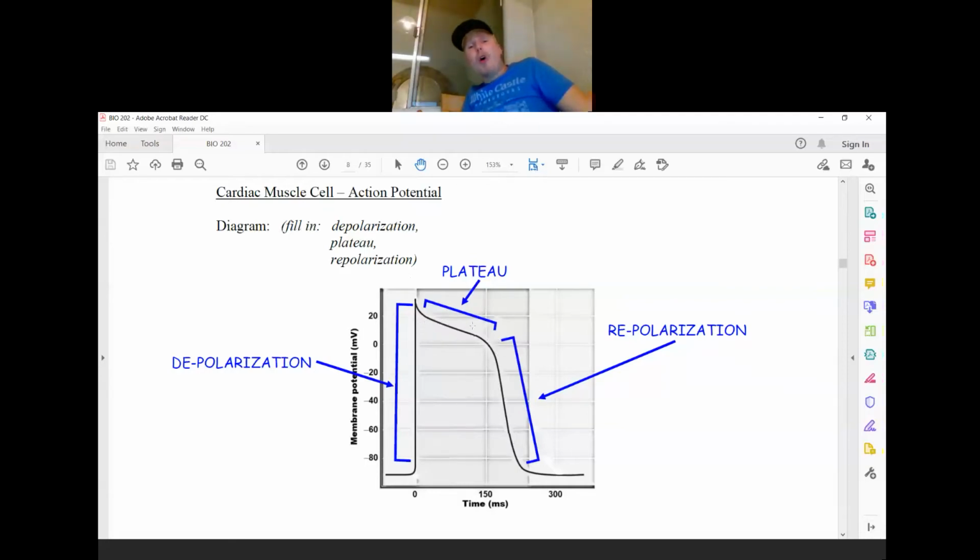This plateau is an almost flat area of the membrane potential. So membrane potential remains almost constant until we get to the point where the repolarization takes place. So the steps that we want to note there are the depolarization, plateau, and repolarization.